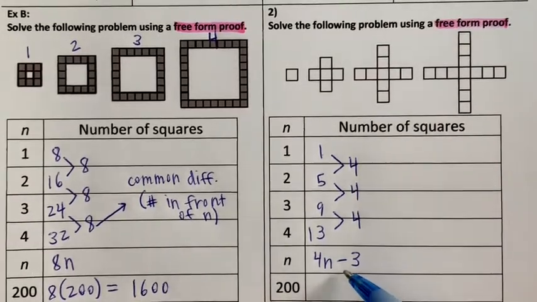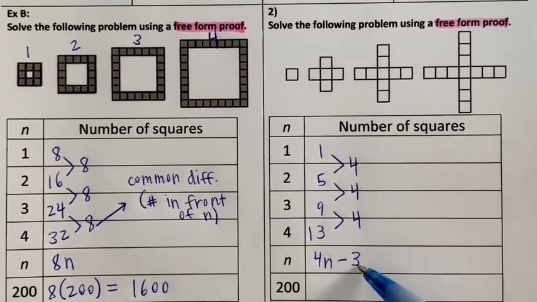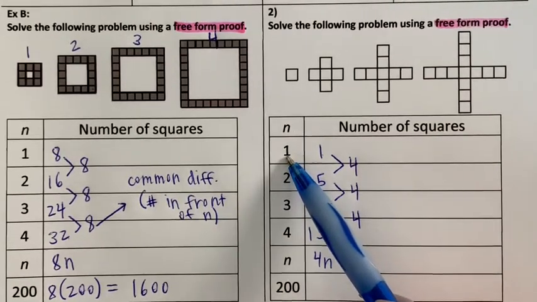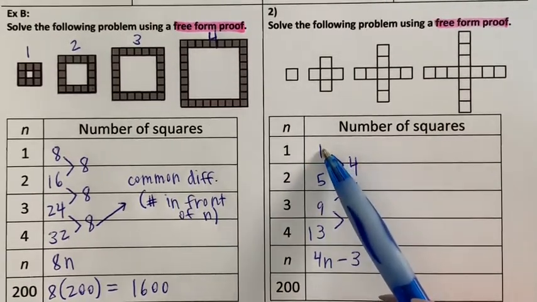So you'll notice that at the end of my pattern, this one was a little bit trickier, I put a -3. Why did I add this? Because when I look at n equals 1 and I plug in 1 for n, 4 times 1 is 4, but it should be 1.